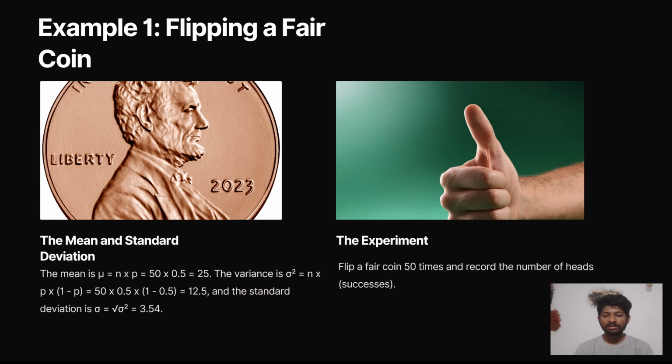The mean mu is equal to n into p. As we know, the number of flips is 50, so n is equal to 50, and p is the probability of getting heads, that is 0.5. So the mean is 25.